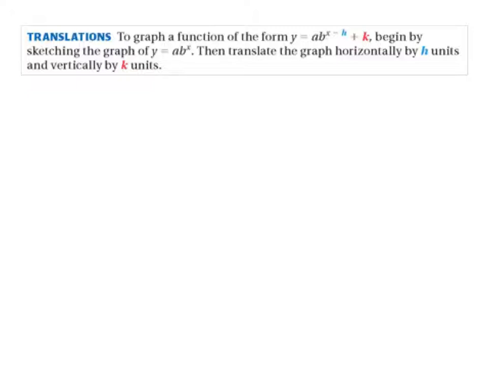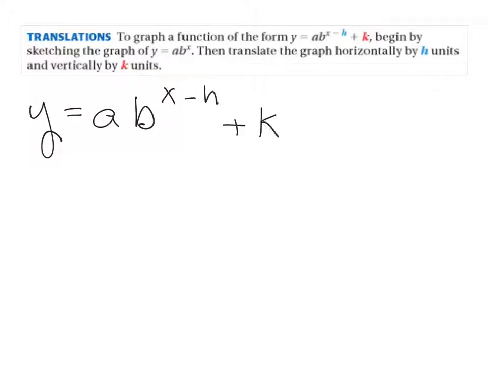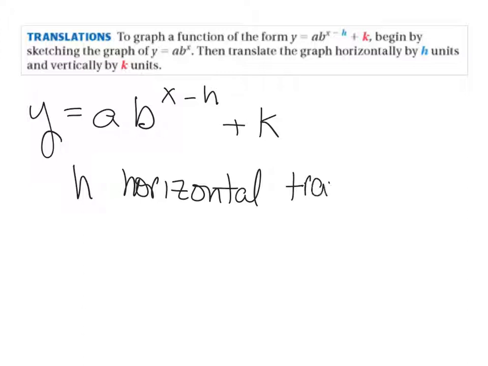To graph a function in the form y equals a times b to the x minus h in the exponential spot plus k, that means that our h is going to be a horizontal translation, or just a plain old slide.